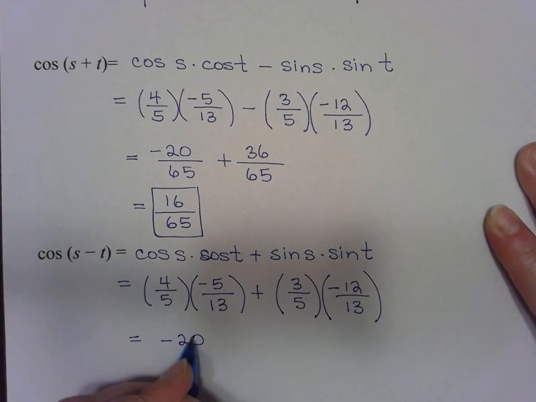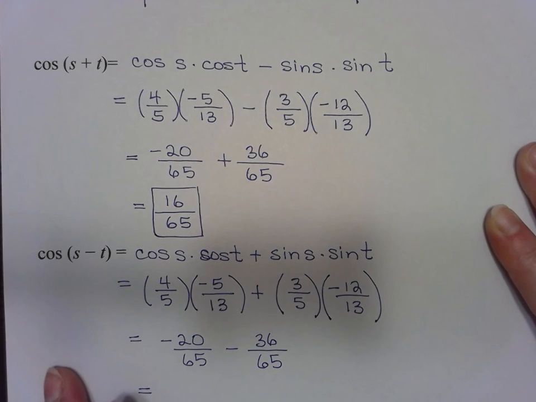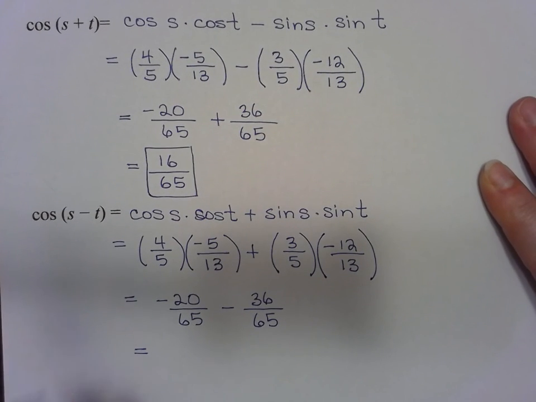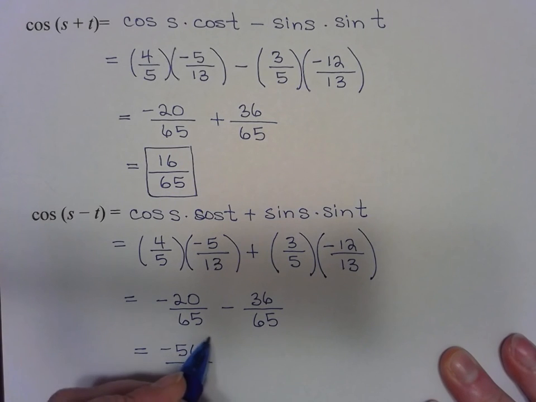So we're going to have -20/65. This time it'll be a minus 36/65. -20 minus 36 will be -56/65. And we could think really hard about this, but I'm pretty sure this one also cannot be reduced.